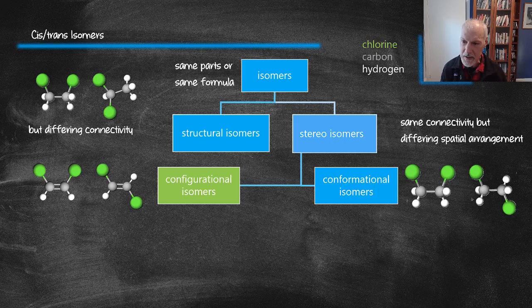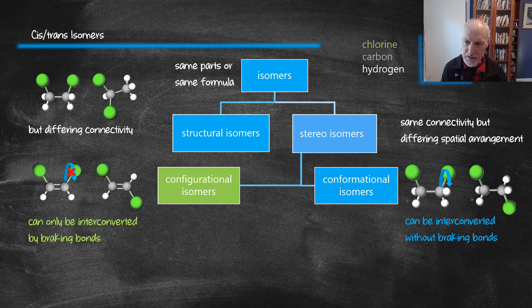On the left-hand side, I've got another example of things differing spatially, but these would constitute what are called configurational isomers. Returning to the one on the right, these being called conformational isomers can easily be interconverted, meaning we change from one to the other, in this case by simply rotating. We don't have to break any bonds.